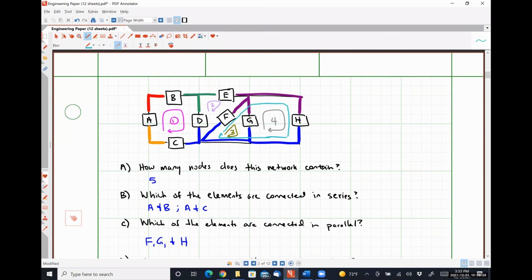We could do something similar on the other side for the loop that contains mesh 1 and mesh 2. And then, like I said, we could just simply draw a square around D, E, and G and that bottom blue bit to describe the loop that contains meshes 2 and 3.